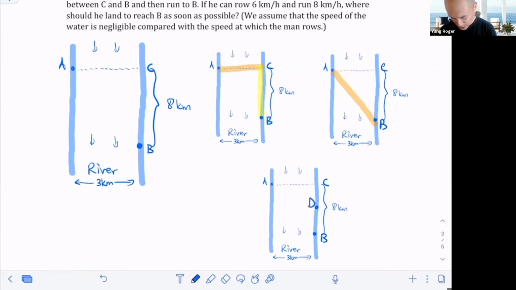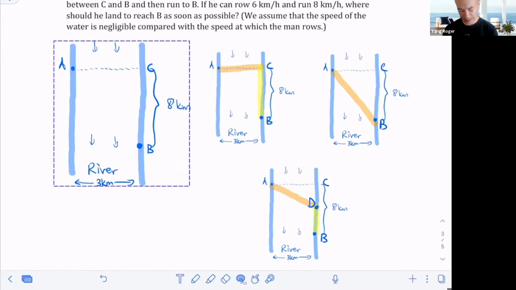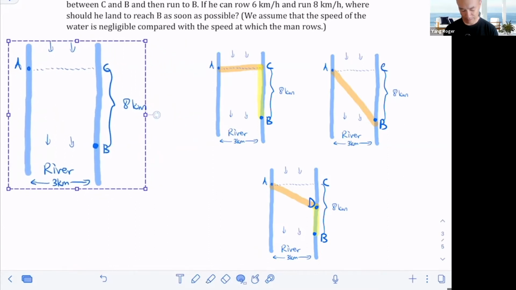So he could row his boat part way, and then he could run the rest of the way. So they're proposing these 3 different situations. Does this make sense to you? So this is the scenario that we're trying to create here. I just want you to understand the scenarios.